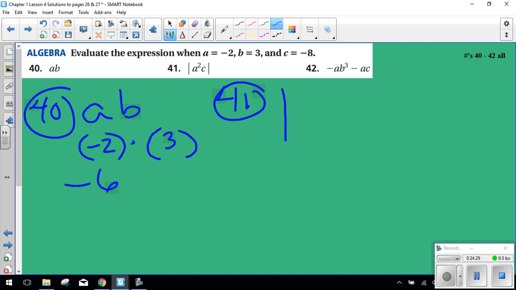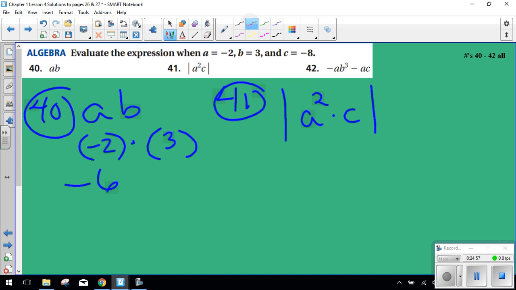We have the absolute value of A squared times C. For my visual friends, put that multiplication dot in there. You notice in the original question it's not there, but there's nothing between the A squared and the C, so it's understood that we are multiplying. So if you need that symbol, put it there to serve as a reminder that you are multiplying.